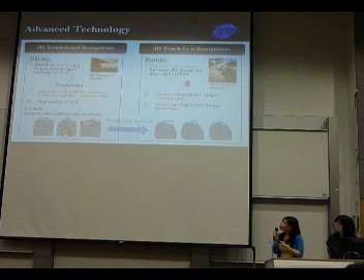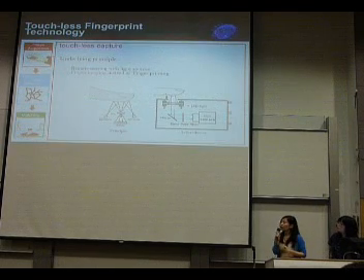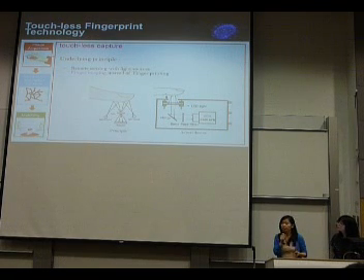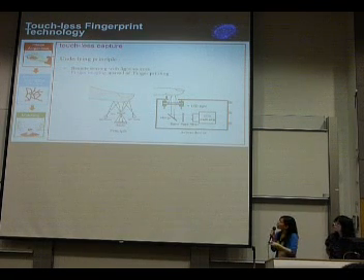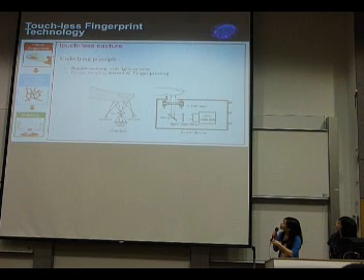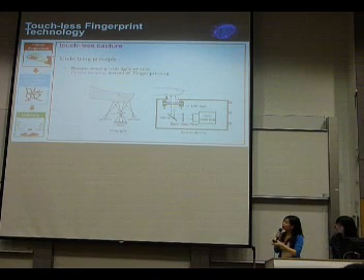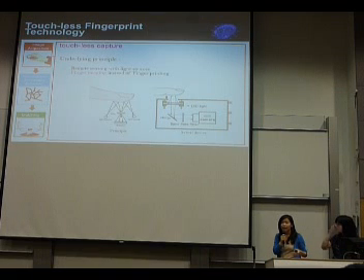But how does this work? The underlying principle is remote sensing technology. First, the light will illuminate the finger surface, and the skin of the finger will absorb a portion of the light, and the rest will be reflected back to the detector.